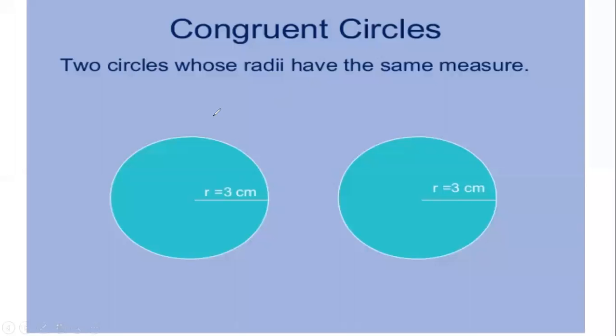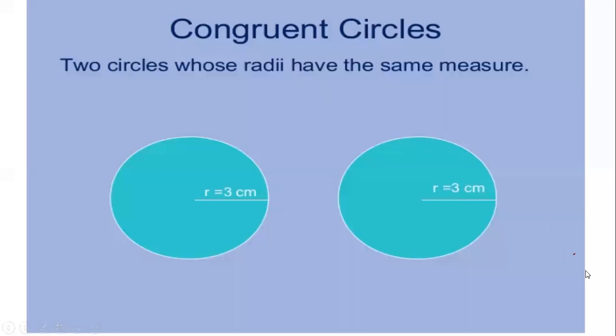The word congruent can be used to mean equal circles. If the radius of the two circles is the same, like for example, this one here, the radius is 3 centimeters, and this one also has a radius of 3 centimeters. So these circles are said to be congruent or equal. Another word for congruent is equal.